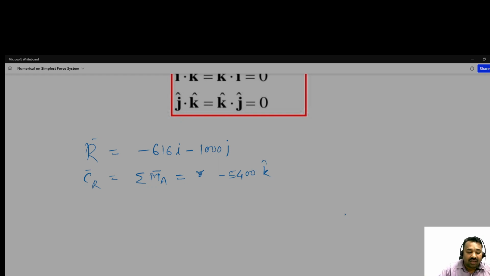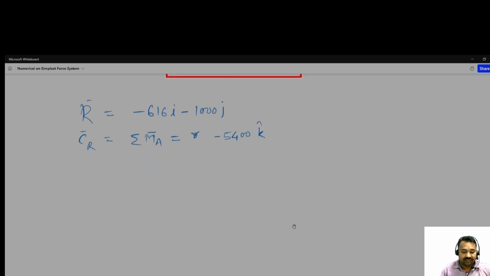Okay, and then what is next? Here R can be shifted, because we want CR equal to R cross product with the resultant.